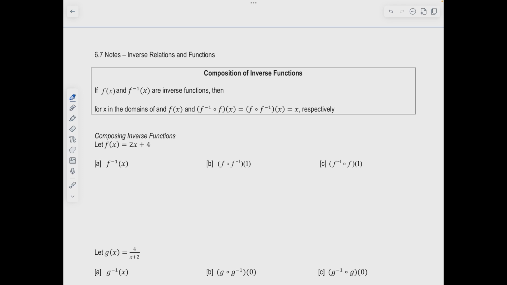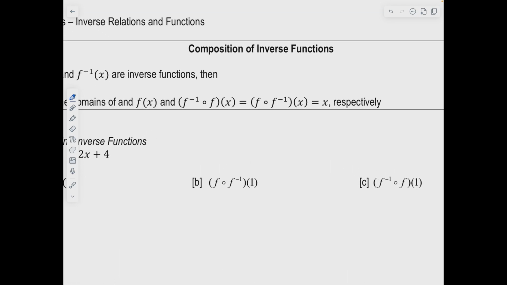Composition of inverse functions. So almost done here. If f and f inverse are inverse functions, then for x in the domains, what happens here is this.